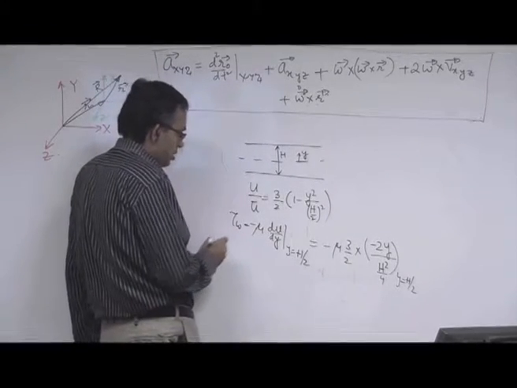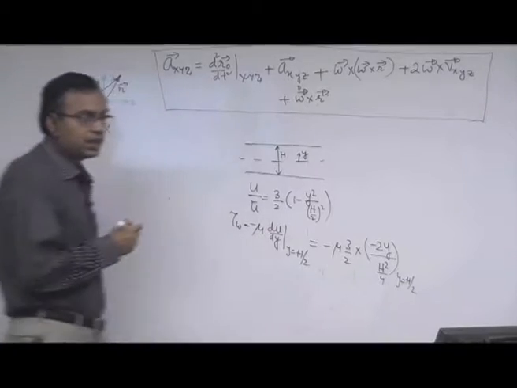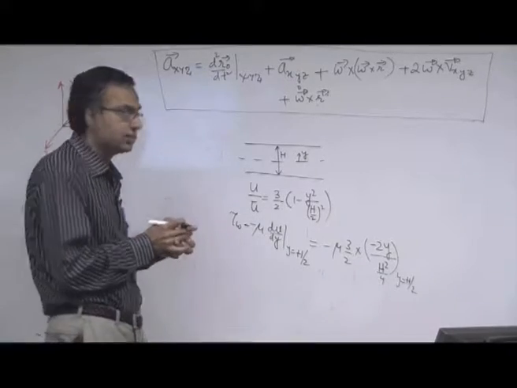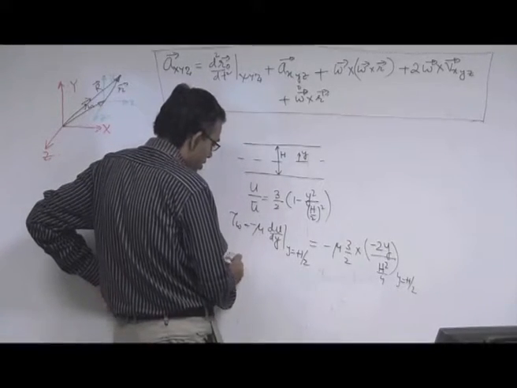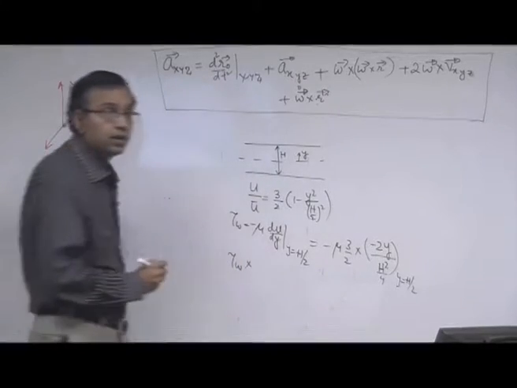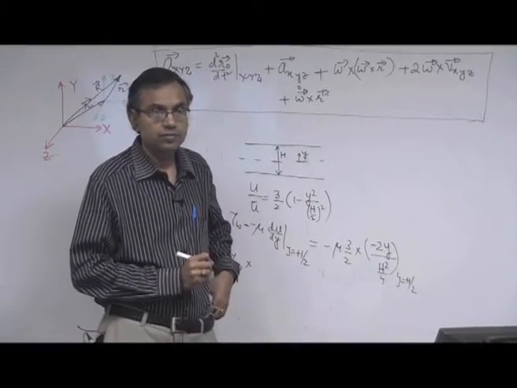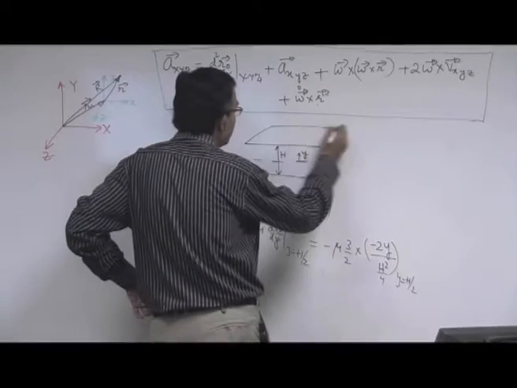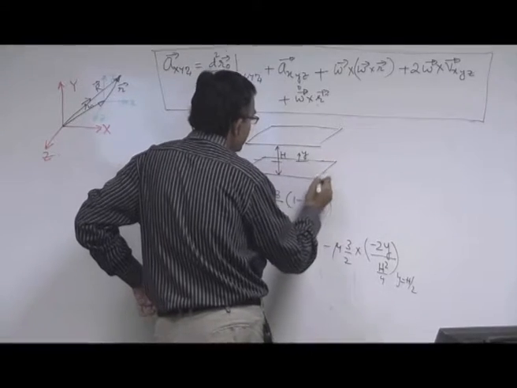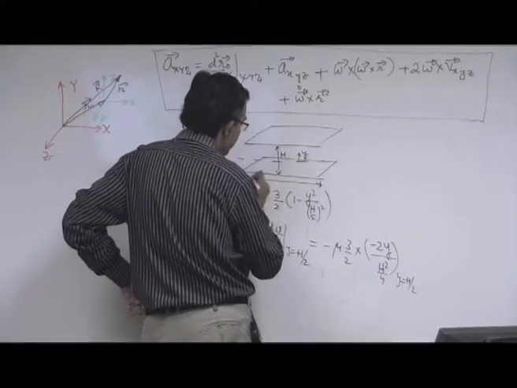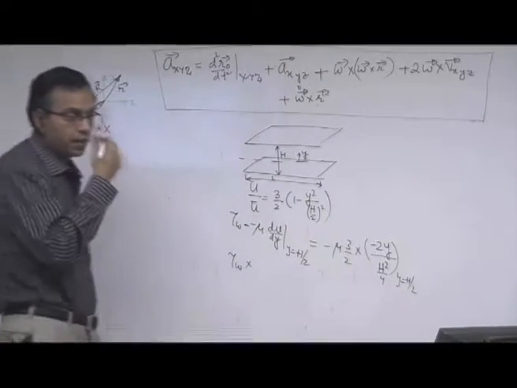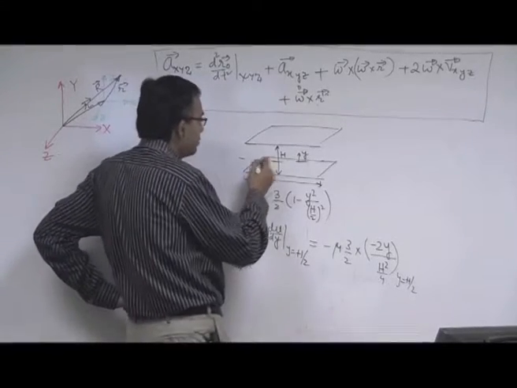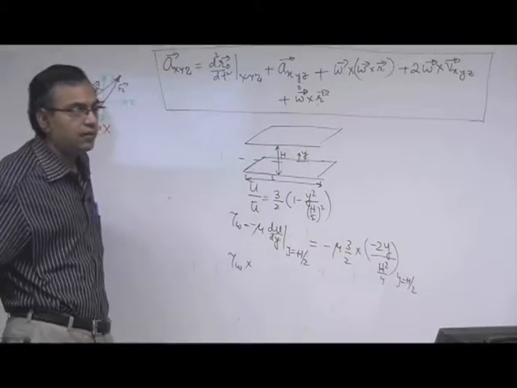Then what is the drag force on the length L? Tau wall into, so let us say that this plate is of length L. So, on this plate, what is the drag force?